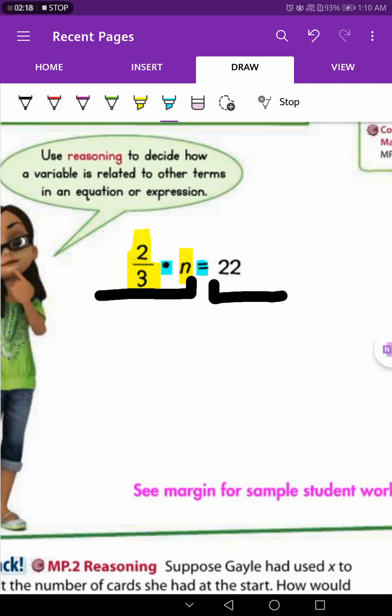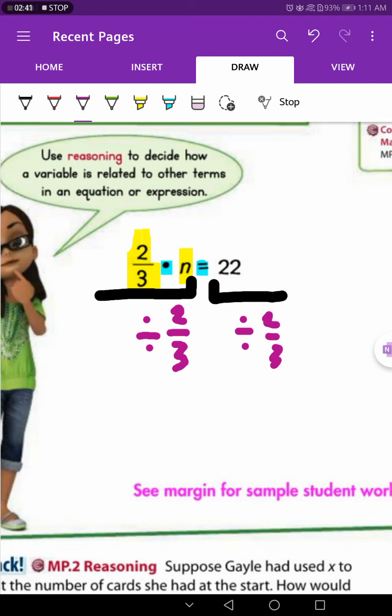What is the opposite operation for multiplication? Good, the opposite of multiplication is division. So I divide both sides by the number that is beside the n, which is 2 over 3.